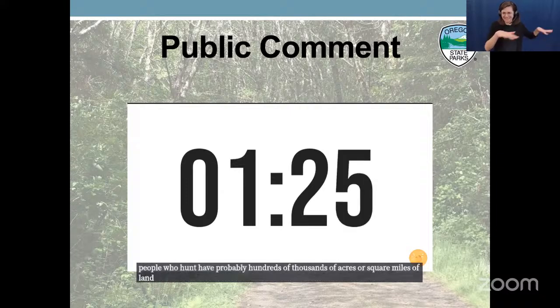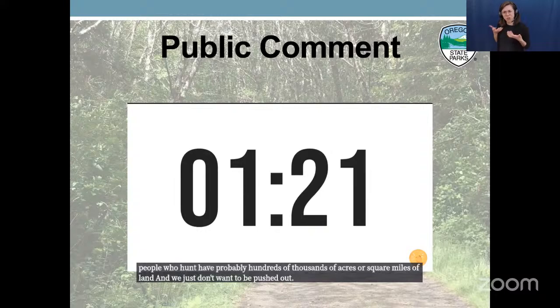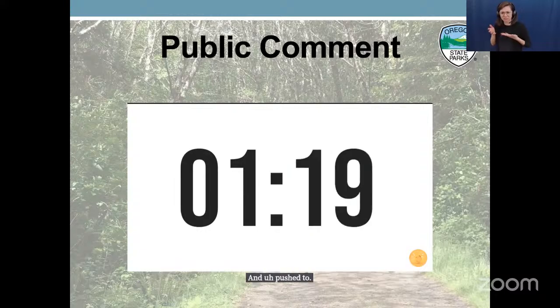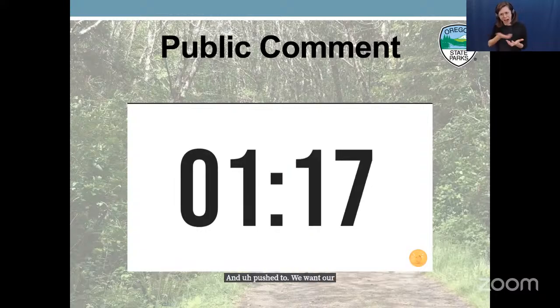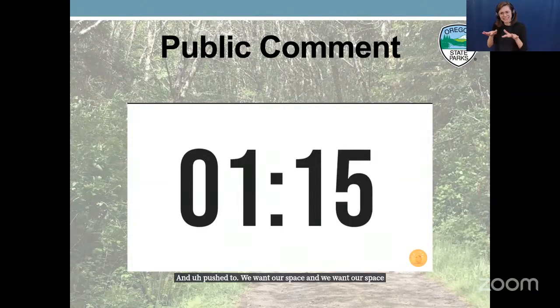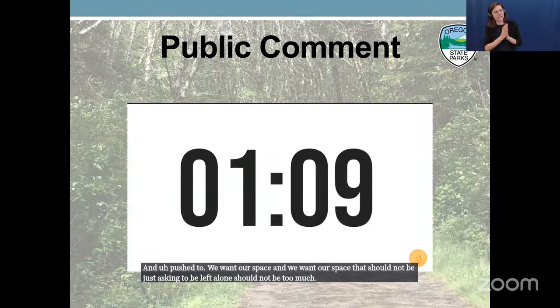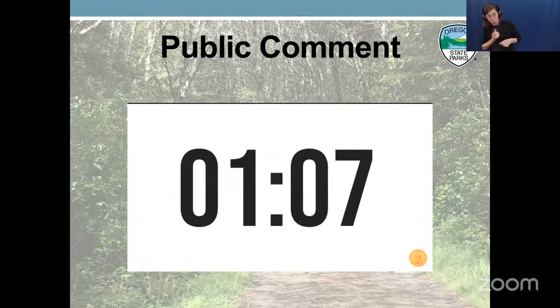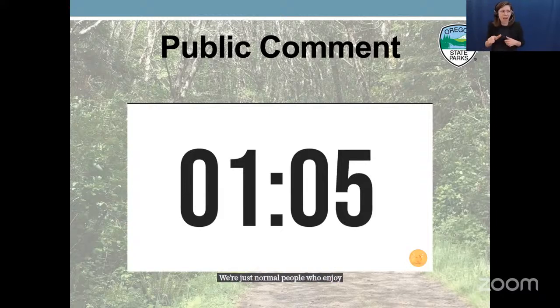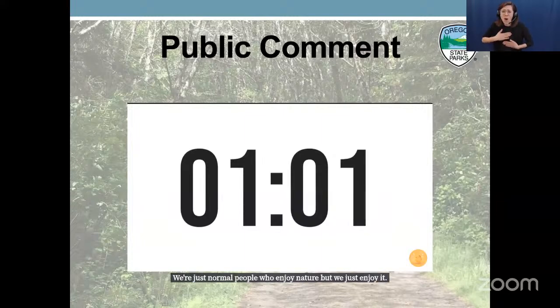And we just don't want to be pushed out. We want our space. Just asking to be left alone should not be too much. We're just normal people who enjoy nature, but we enjoy it in the nude.